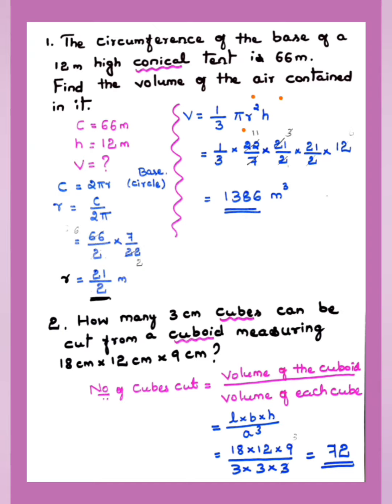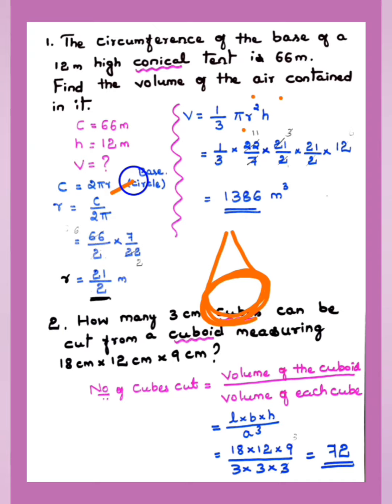How to calculate R? We know the base of the cone is circular in shape. So we know the formula to calculate circumference of the circle, that is C is equal to 2 pi R. Make R the subject of the formula, take the 2 pi to the other side, it becomes C by 2 pi. R is equal to C by 2 pi.